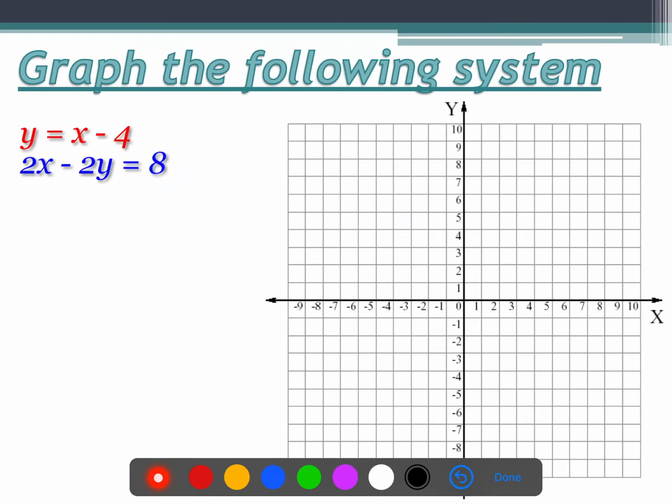Okay, and our third example. So my first equation in red is in slope-intercept form already. My second equation does need to be solved for y.